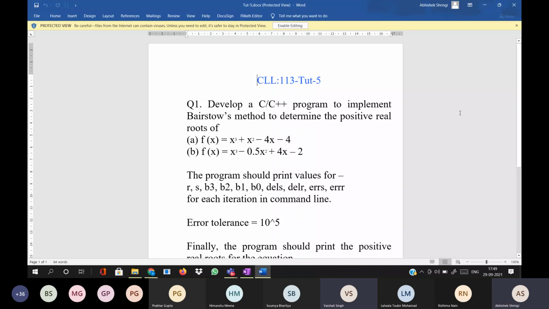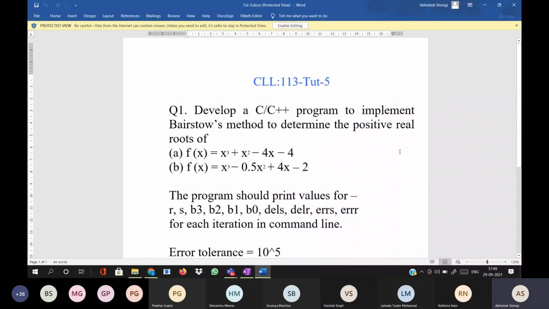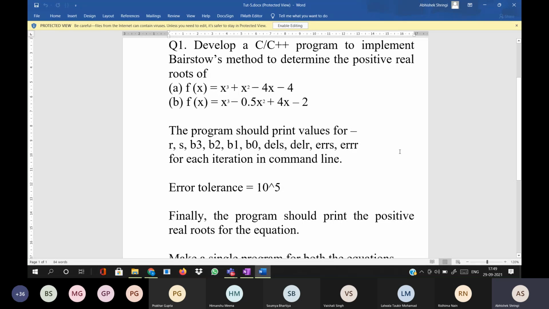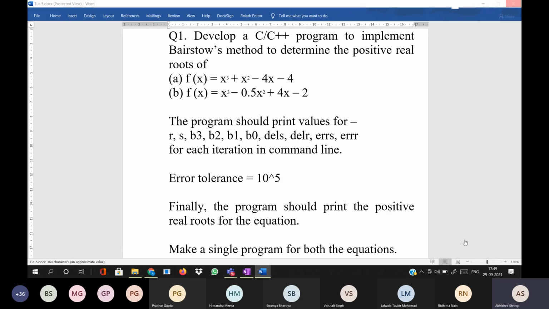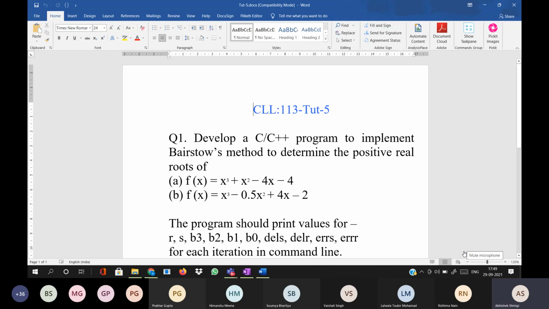Would someone like to tell what is there in the problem? Or I will give you 5 minutes. All of you read the problem and then tell me, so that everybody gets it properly. After 5 minutes, we'll discuss what we have to do in the problem.